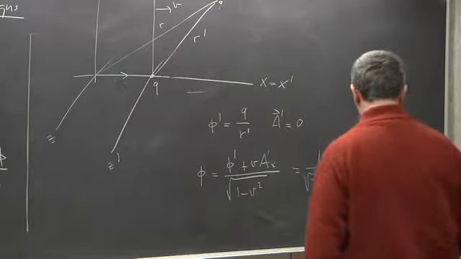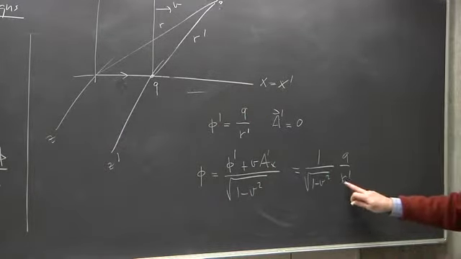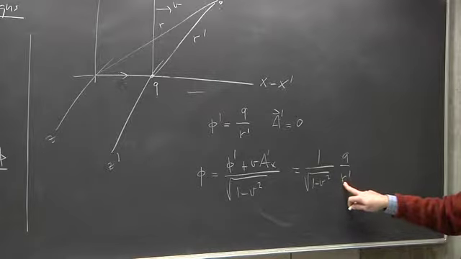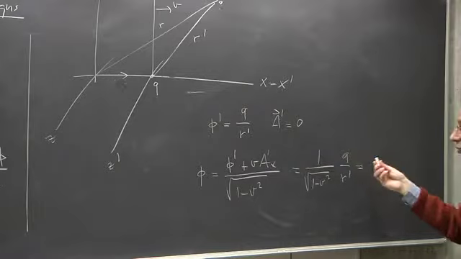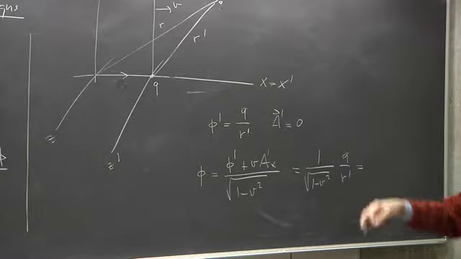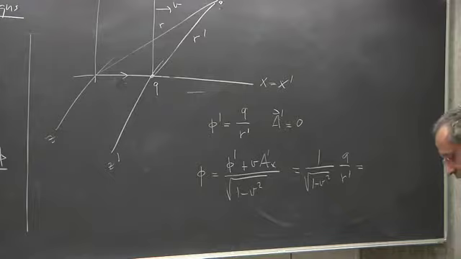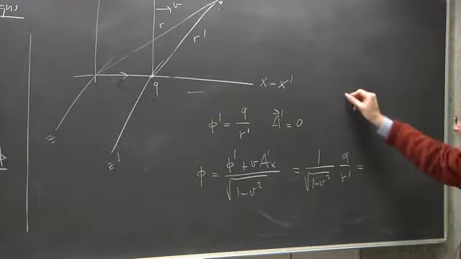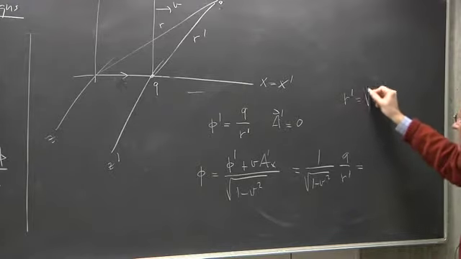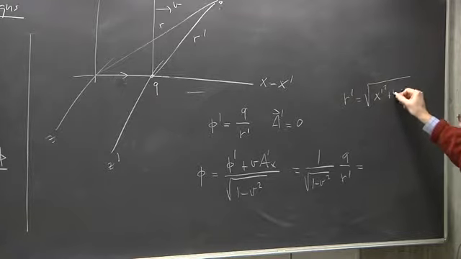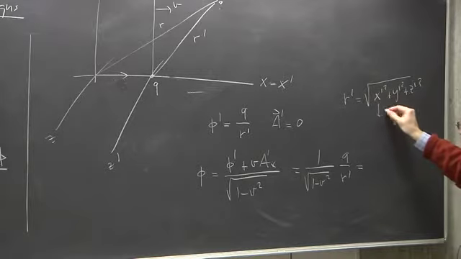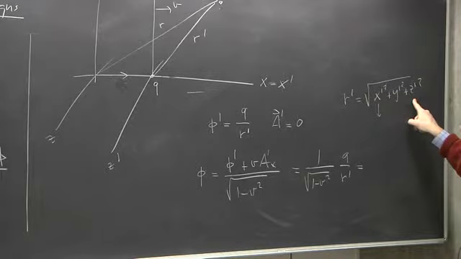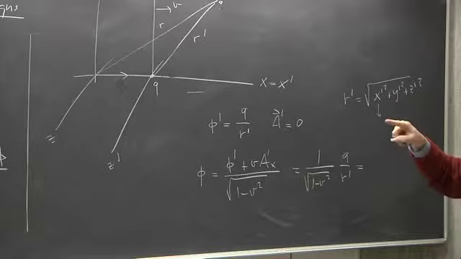And so you are almost there. The only problem is that you should write this r prime in the unprimed coordinates, because you are in the unprimed frame of reference. So you have to rewrite this. r prime is the square root of x prime squared plus y prime squared plus z prime squared. Now, for y and z nothing is going on because they are orthogonal to our boost.